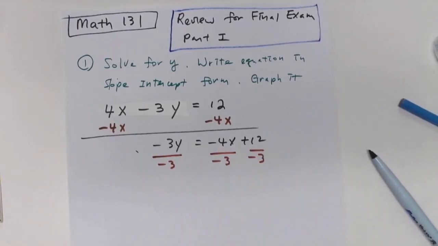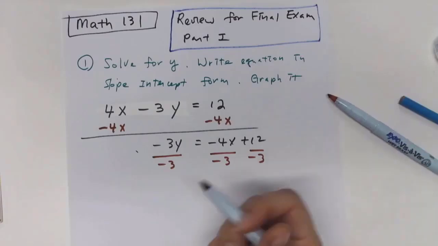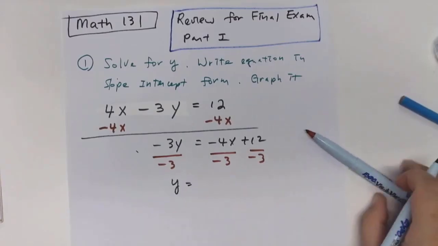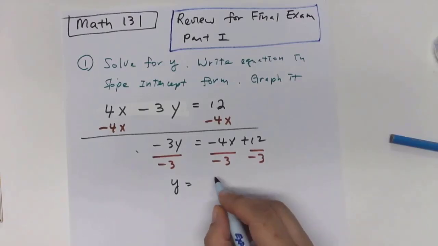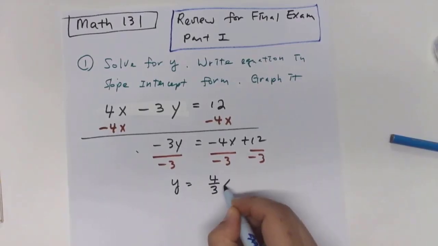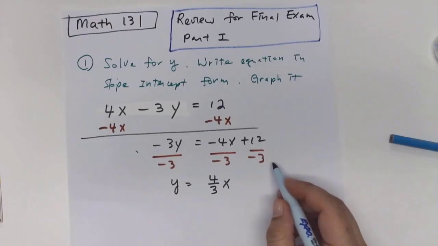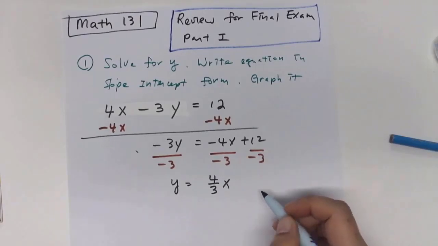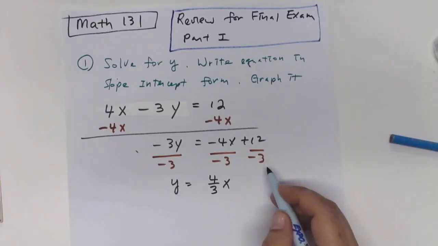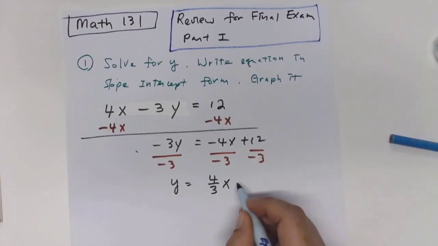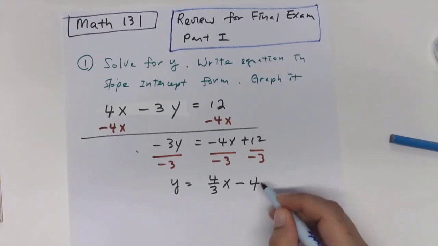Like that. So we're going to have y equal to negative divided by negative is positive 4 over 3x, and the last number is positive or negative? Negative 4. Okay, all right.